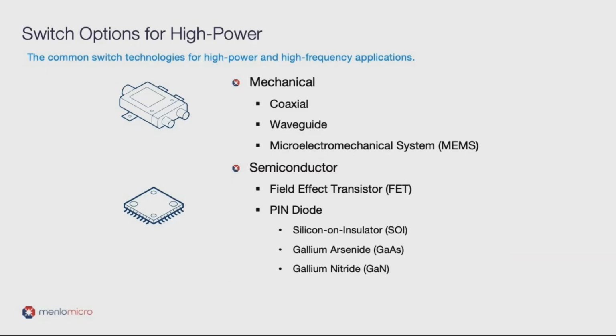So those for high power include field effect transistor or FET type switches and pin diode switches, both of which are available in a few different semiconductor technologies, such as silicon on insulator, gallium arsenide, and gallium nitride. A few switches that I won't cover will be CMOS and reed relay, among others, because they are typically not capable of handling high power at RF frequencies.